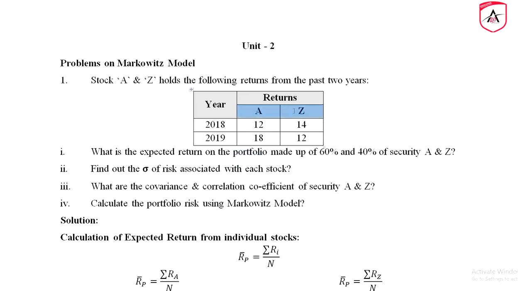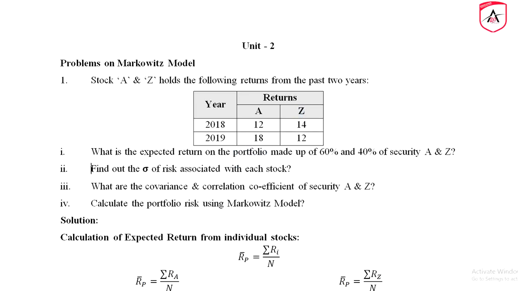Here the stocks are A and Z. He has invested in 2 stocks, and he says that the portfolio is made up of 60% and 40% of security A and Z, which means to say that 60% of the funds have been invested in security A and 40% of the funds have been invested in security Z, right? So this is the problem. We have to find out the expected return on the portfolio.